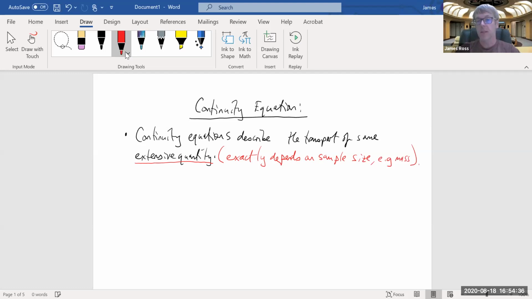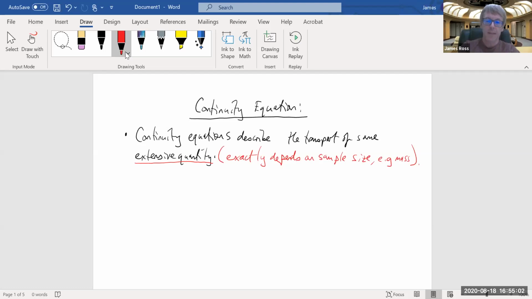Mass exactly depends on the sample size. Mass is an extensive property. If I give you 1 gram of sugar and then I change the sample size by doubling it to 2 grams, I've changed what I've given you. 1 gram has now become 2 grams. I've scaled the numerator, the denominator had no units, so it didn't scale correctly. So mass is an extensive property.